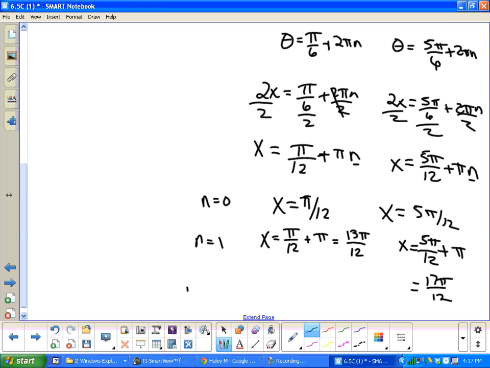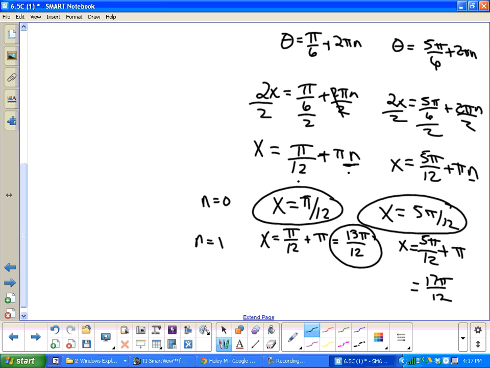Now, if n is equal to 2, notice this is going to be 2 pi, and pi over 12 plus 2 pi is going to be bigger than 2 pi. And so same thing happens with the other one. So 0 and 1s for n is going to work. So now let's circle all our solutions. So we got pi over 12, 5 pi over 12, 13 pi over 12, and 17 pi over 12.